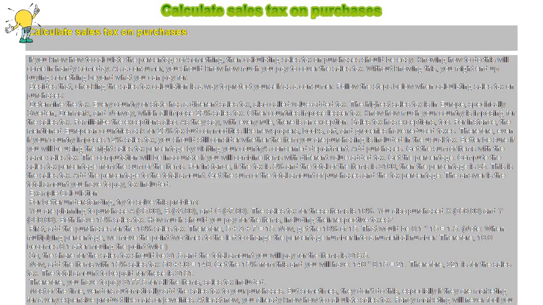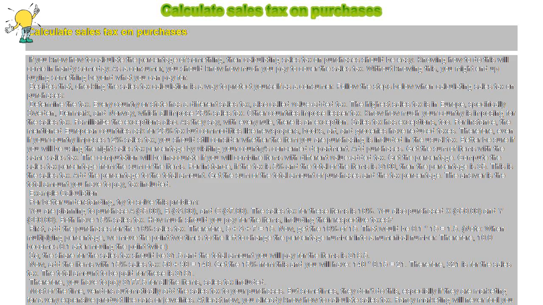Follow the steps below when calculating sales tax on purchases. Determine the tax. Every country or state has a different sales tax, also called value-added tax.